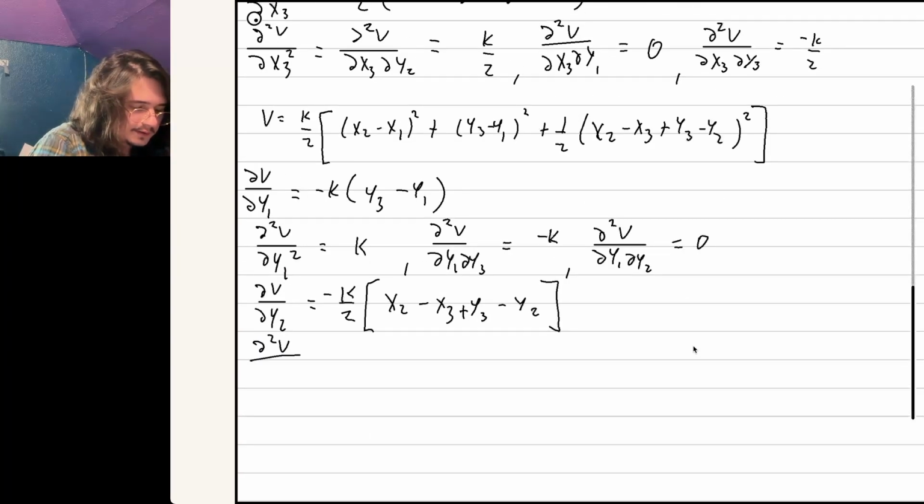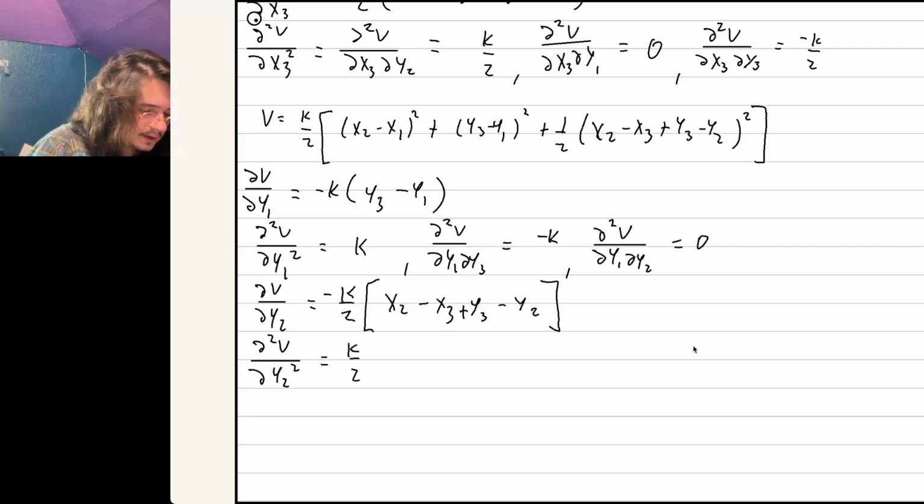Take the second derivative of that with respect to y2, you'll get a positive k over 2. Take the second derivative of that with respect to y3, you'll get negative k over 2.